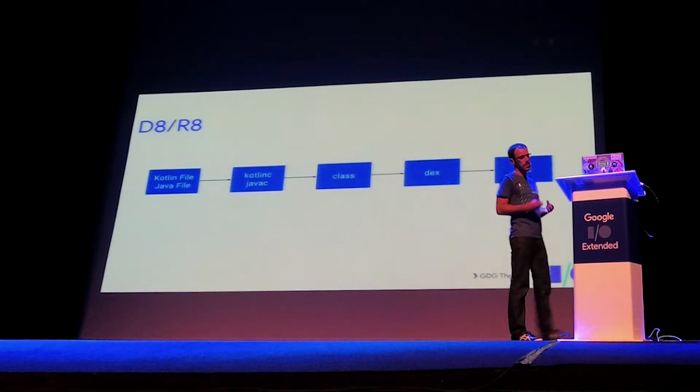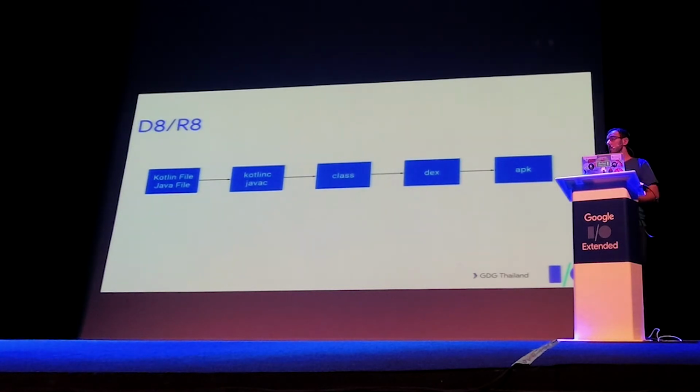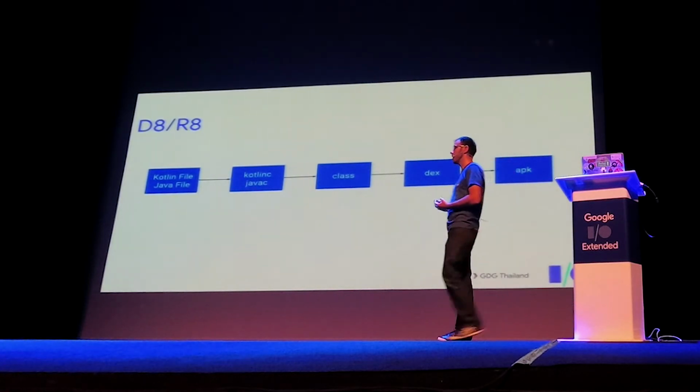First of all, before we see the same topic that Egg commented on after lunch, we need to understand how it works and why this improvement is inside the Android framework. So this is the basic picture of how it works: you have a Java file and a Kotlin file.